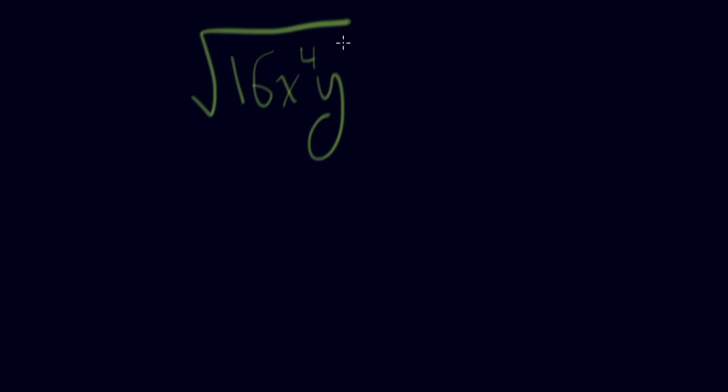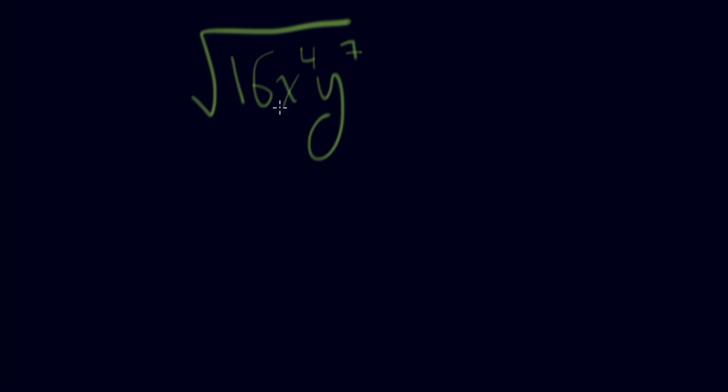Let's take a look at, I love this lime color, the square root of 16 x to the 4th y to the 7th. Okay. Well, the square root of 16 is just going to be 4. What's the square root of x to the 4th?